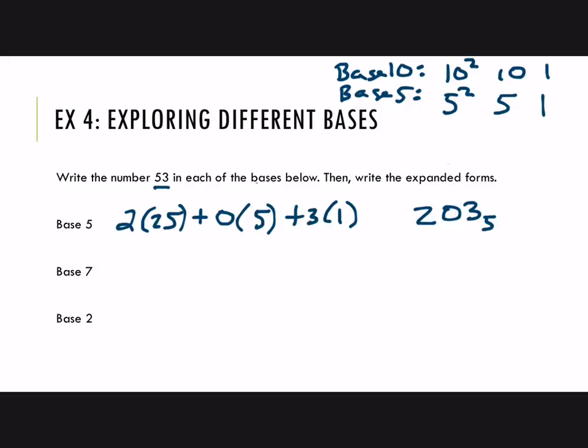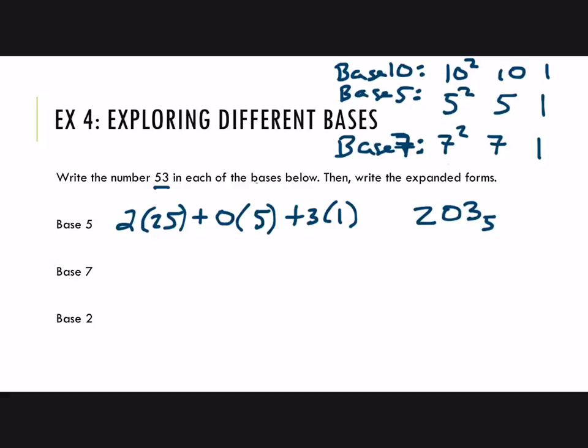All right, how about base 7? Well, in base 7, what's after 7s? Anytime I have 7 groups of 7s, we would group that and move that up to the next place value. So we have 7 squared is the next place value after 1s and 7s, right, or 49s.